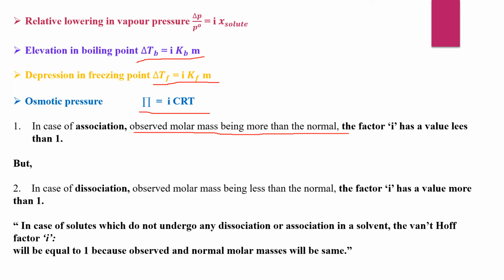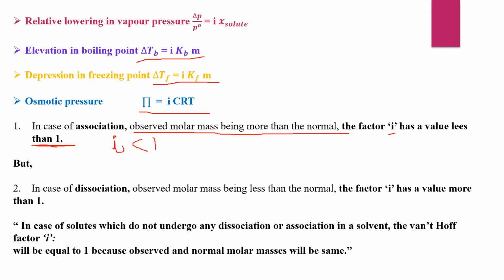Because in association, the molecules form a dimer, and as the dimer is a bigger molecule, its molar mass increases, so the observed molar mass in association is higher than the normal molar mass. Then the Van't Hoff factor i has a value less than 1. For association, the value of i is less than 1, because the observed molar mass increases compared to the normal molar mass.